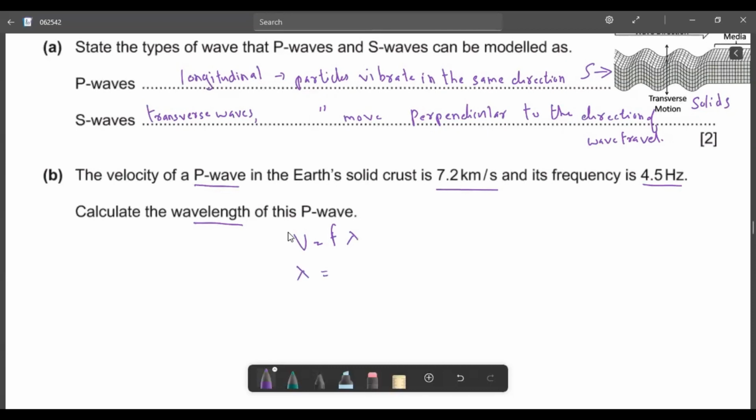Lambda is equal to v by f. v is given as 7.2 km per second and f is given as 4.5 hertz.